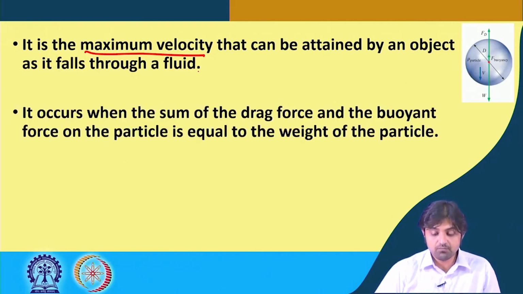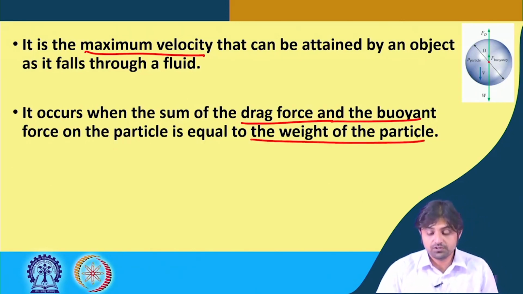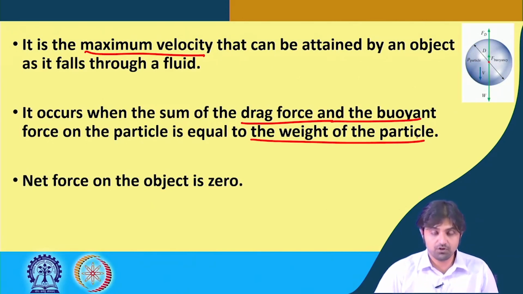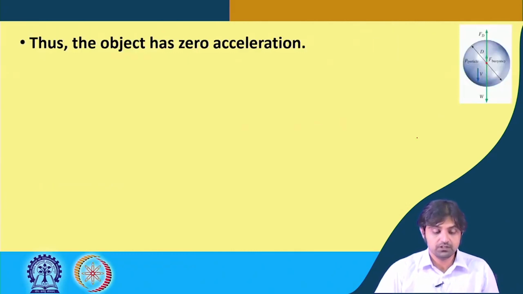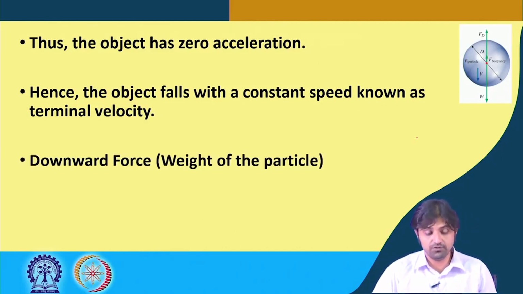It occurs when the sum of the drag force and the buoyant force on the particle is equal to the weight of the particle, because both drag force and buoyant force try to take it upward and weight tries to bring it downward. Therefore, the net force on this particular sphere is 0. Thus, the object has 0 acceleration, hence the object falls with a constant speed known as terminal velocity. This phenomenon is what results in a sphere having a terminal velocity in a fluid.